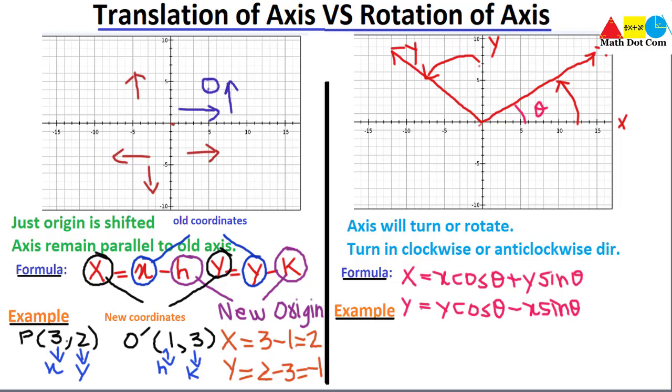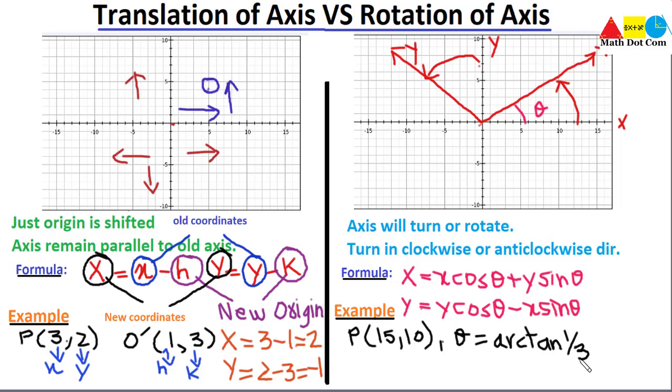Let's say you are given an example where the point P is given with the coordinates (15, 10), and you will also be given the angle theta, which in this case is arctan of 1 by 3. Arctan basically refers to tan inverse of 1 by 3.